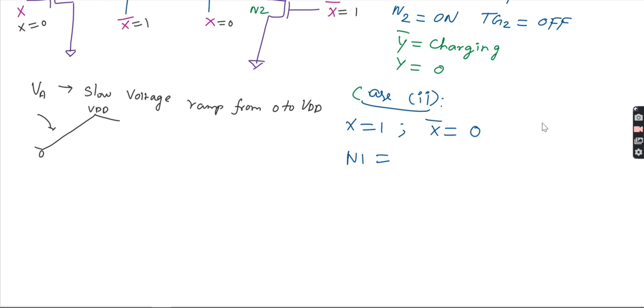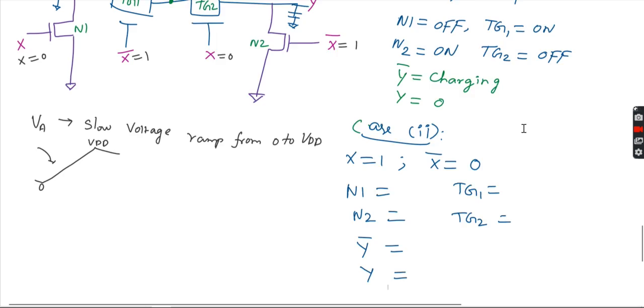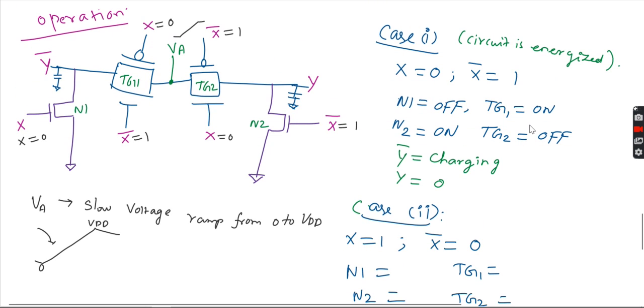Now you need to tell me what N1 and N2 are, then what TG1 and TG2 will be, then what about Y bar and Y. Simply, Y bar is charging, meaning the capacitance is going from 0 to VDD. Now x is equal to 1, so let me put x equal to 1.